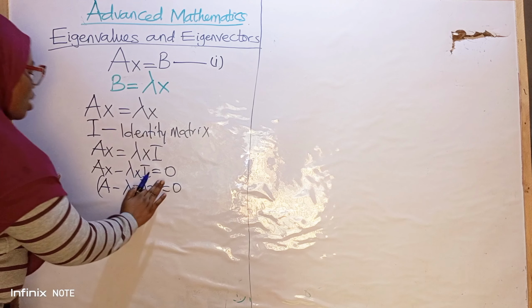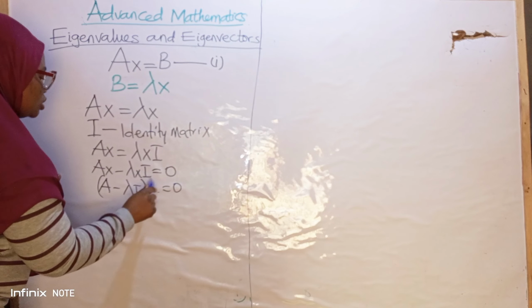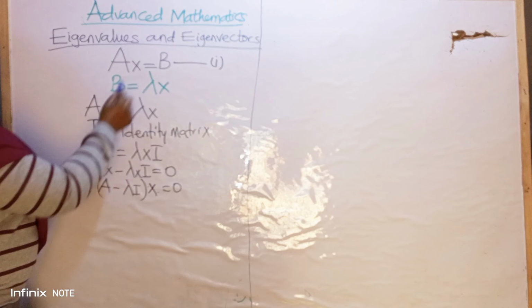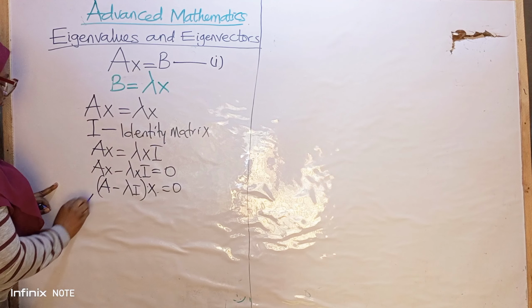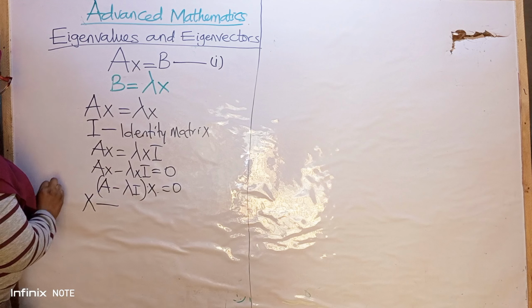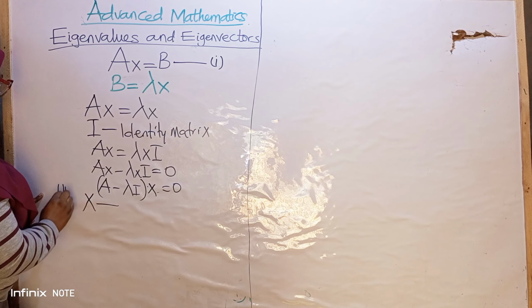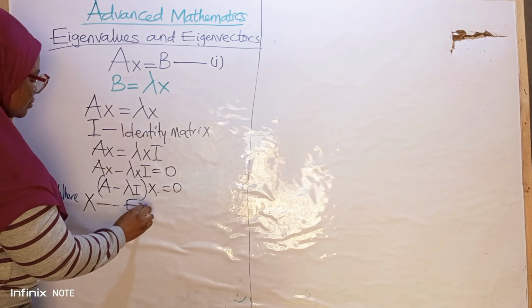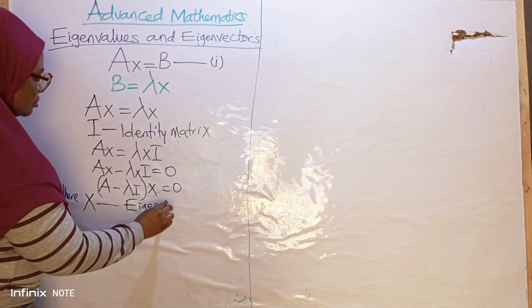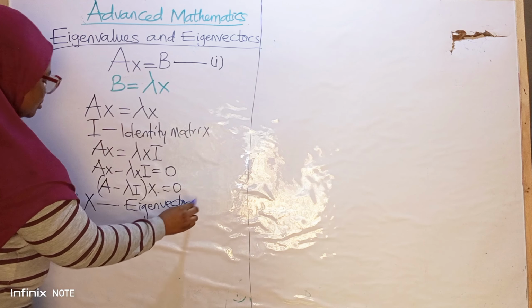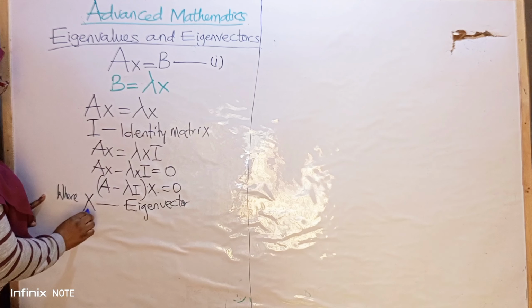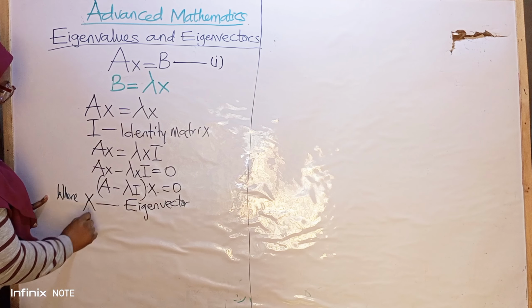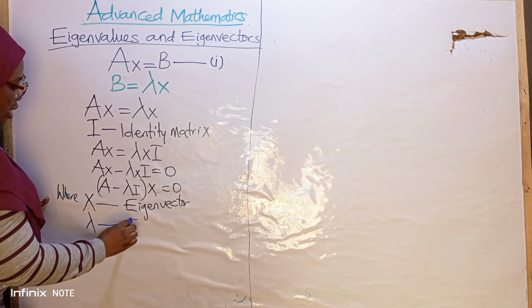So here, our X is what? I told you it's a special vector. X is the eigenvector. And this lambda is our eigenvalue.